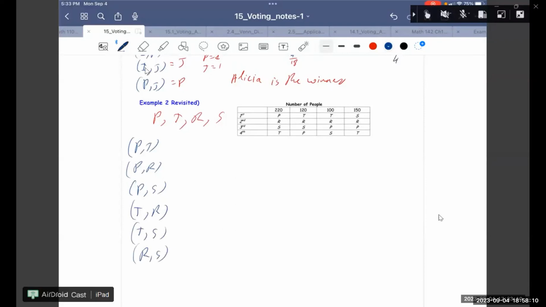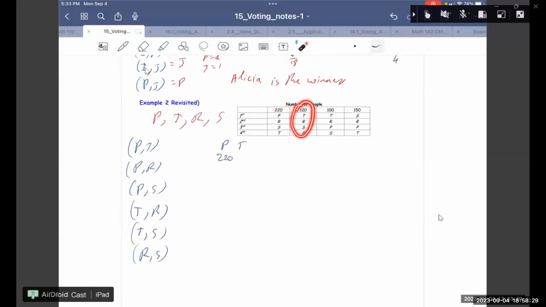So what we can do is the same thing again. So we got PT, so 220 right here, so P the win, right?